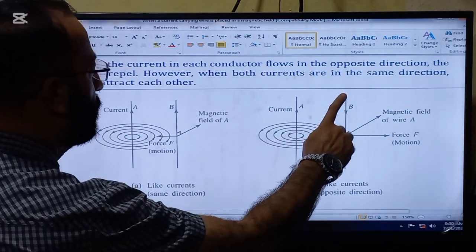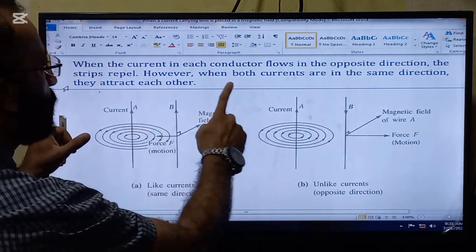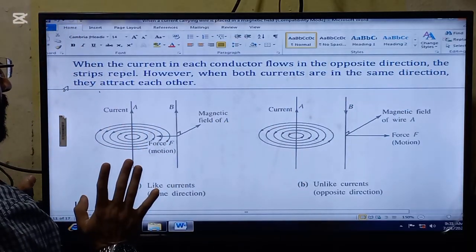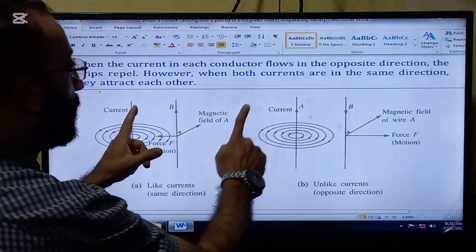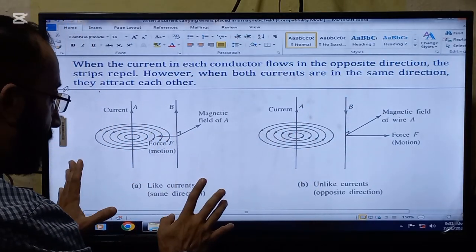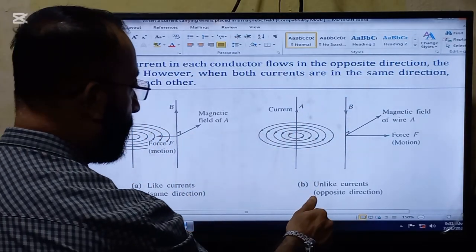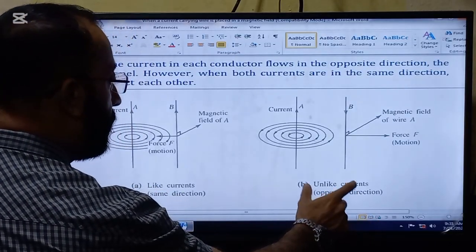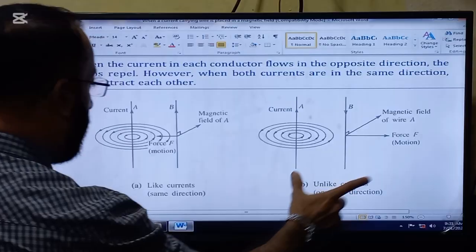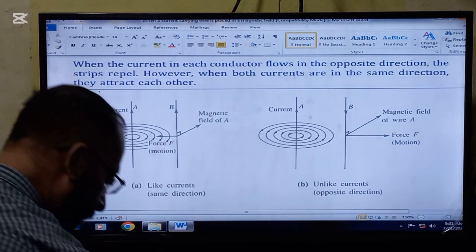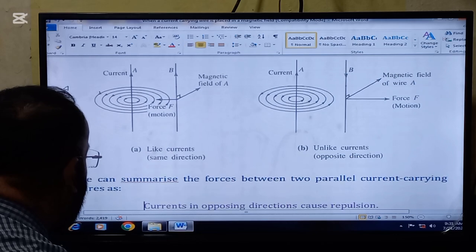So the point to be noted is, when the current in each conductor flows in the opposite direction, the strips repel, but when both currents are in the same direction, they attract. Unlike currents, that is opposite direction, will repel, and like currents in the same direction will attract.